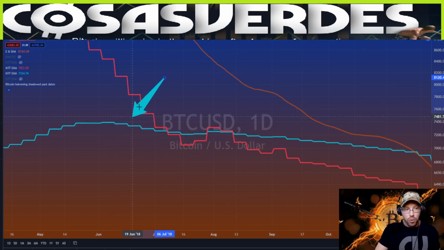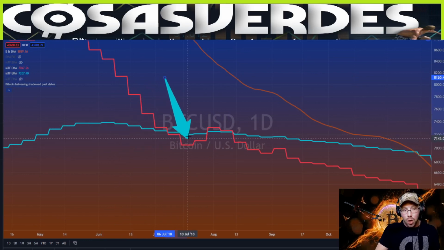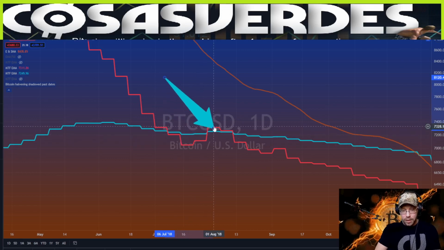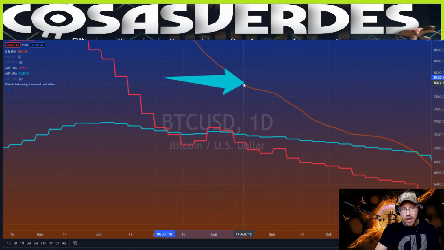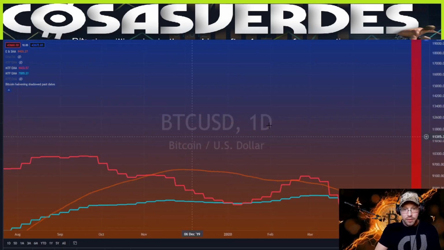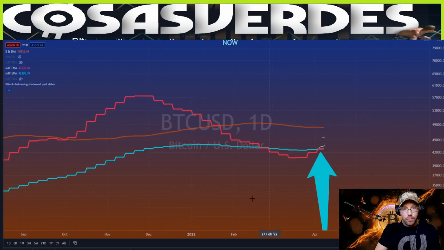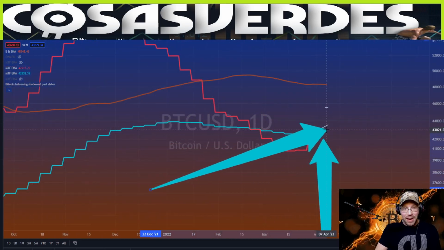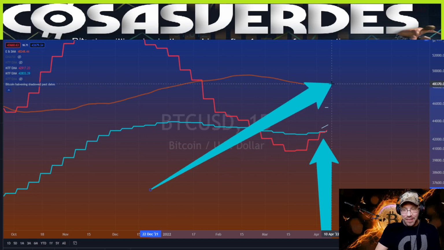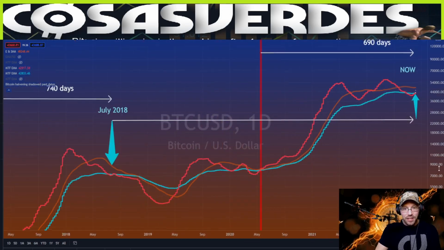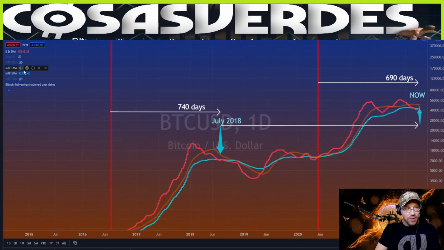Weekly EMAs are very important. Weekly 10 had gone below, so red below blue, then it got back above blue, right? And that's the exact moment where price got rejected by the daily 200 simple. Now go to current price. Red went below blue, came back above blue, got rejected by the 200 simple moving average. Do you see how all this is stacking up to be eerily similar?